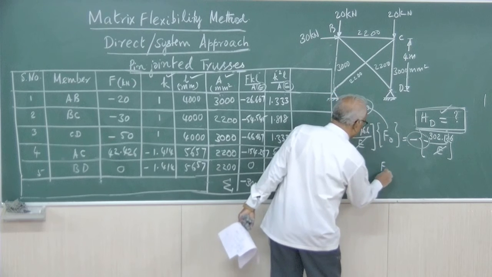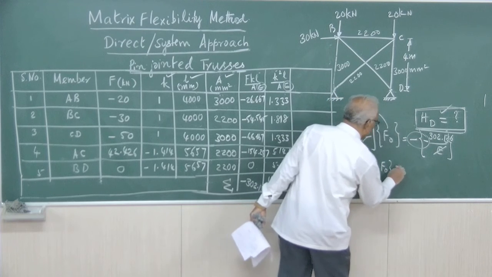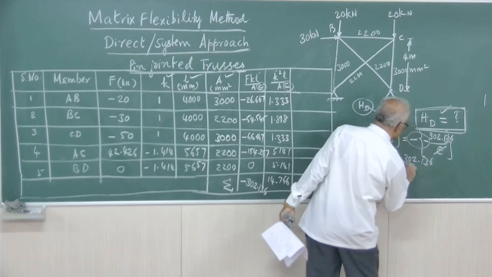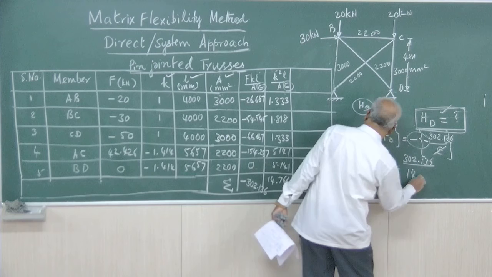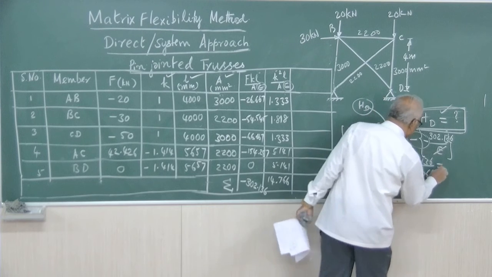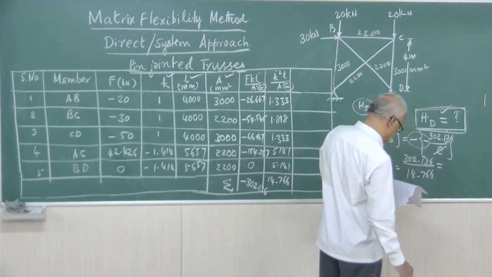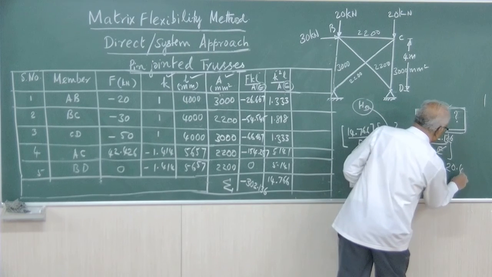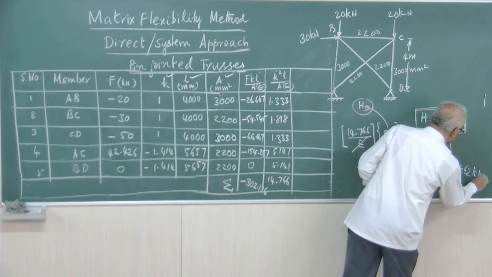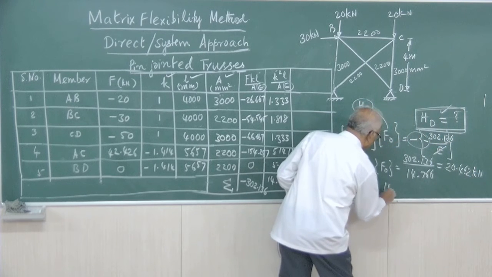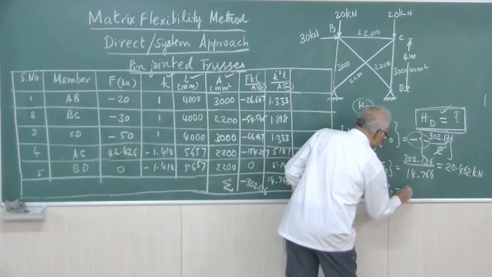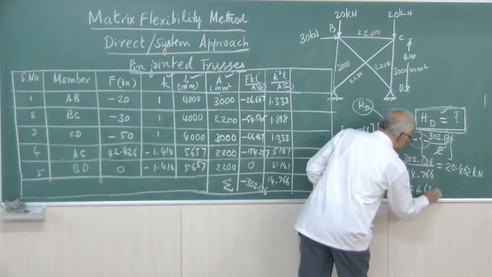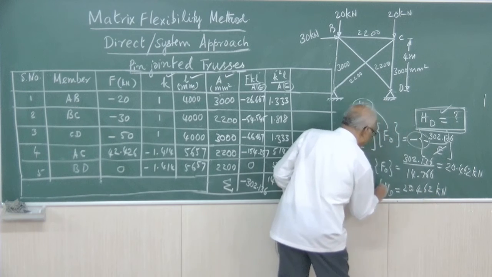Therefore, F naught equal to 302.136 by 14.766, equal to 20.462 kilonewton. That is HD, the horizontal reaction at D, equal to 20.462 kilonewton. So, this is what is required.